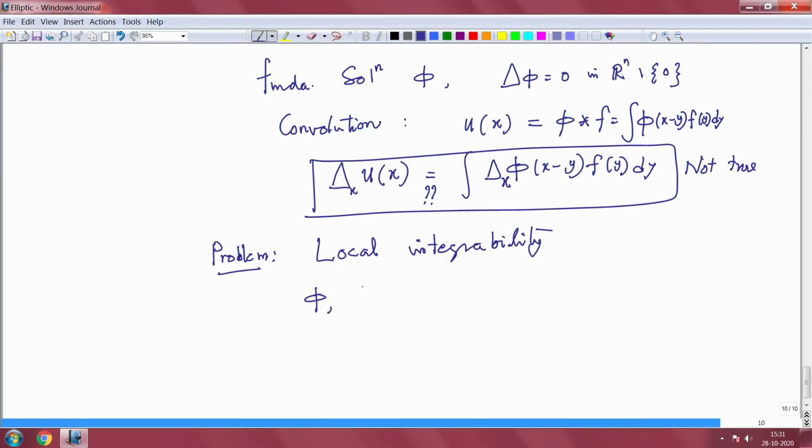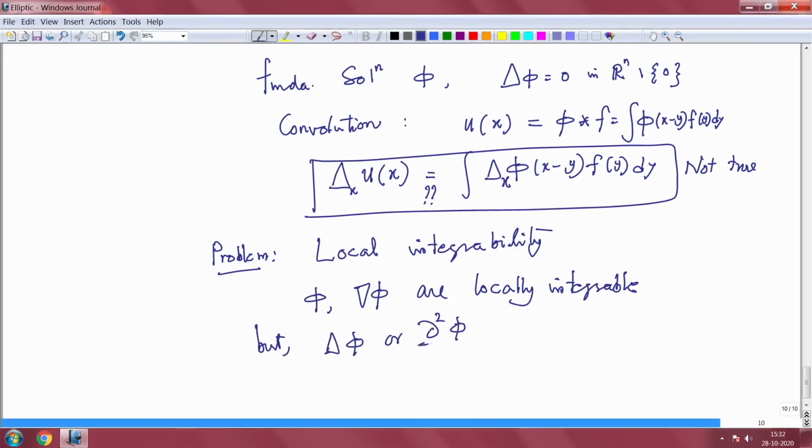Phi and grad phi are locally integrable, but the Laplacian of phi, or the second derivative d square phi by dx, is not locally integrable.